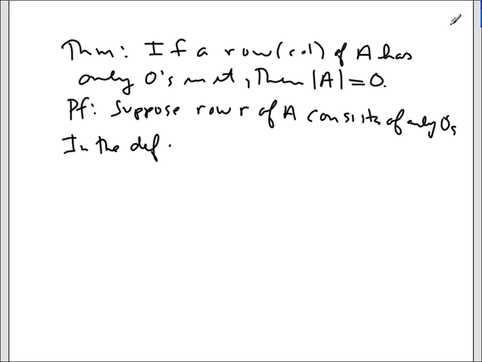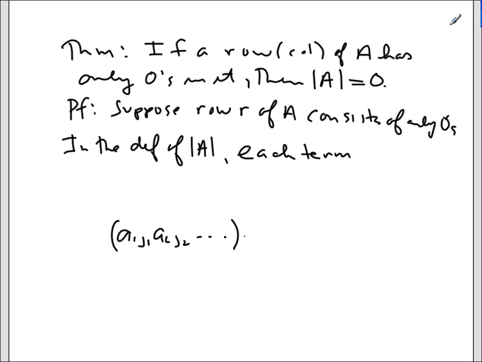In the definition of the determinant of A, each term, those are the things we're adding up, is that long mess A1,J1, A2,J2, etc., plus A1,J1 prime, and now we have a different permutation on their columns up to AN,JN.